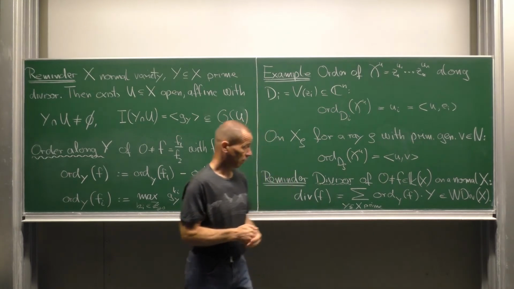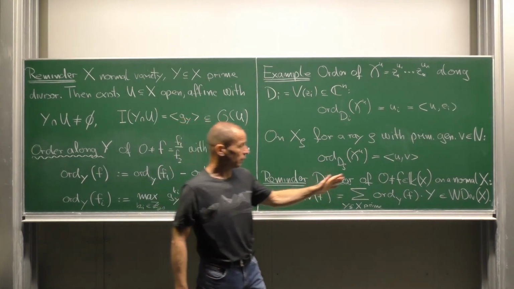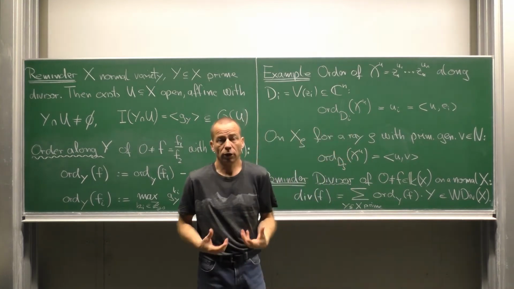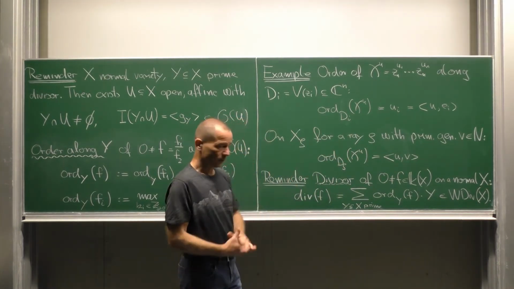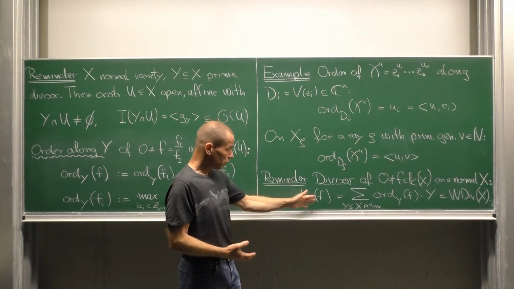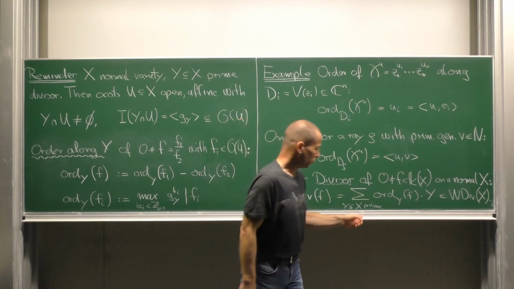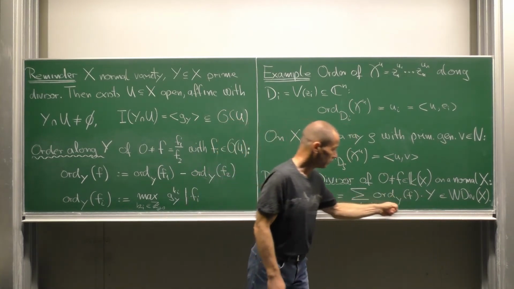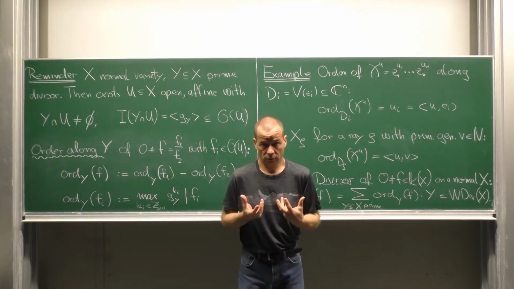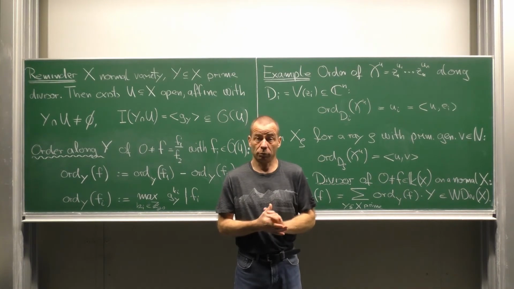Now, having the concept of an order, we can associate with any non-zero rational function on a normal variety its divisor. The divisor of f is the linear combination over all the prime divisors Y in X, and the coefficients are just the orders of f along the prime divisor Y.